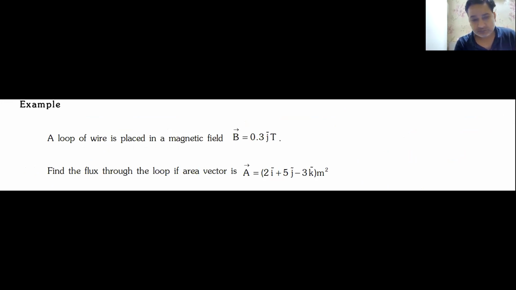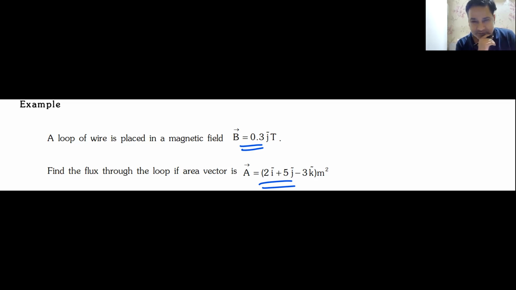This is a very simple question. Just to give you a brief introduction of what is magnetic flux, you have a loop of wire whose area vector is given. It's a three-dimensional area vector, and it is placed in a magnetic field, and you are supposed to find out the flux through this closed loop.